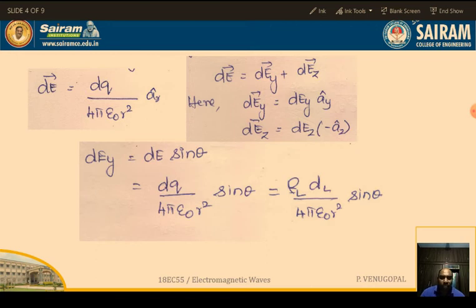Therefore the dEz is cancelled at the point P by the opposite dEz. Therefore dEz is eliminated in this case, and dE can be written as dEy only. Therefore dEy is dE sin theta. Therefore dEy is equal to rho L dl by 4 pi epsilon r square and sin theta, and the total electric field intensity is equal to dEy, nothing but rho L dl by 4 pi epsilon r square into sin theta.